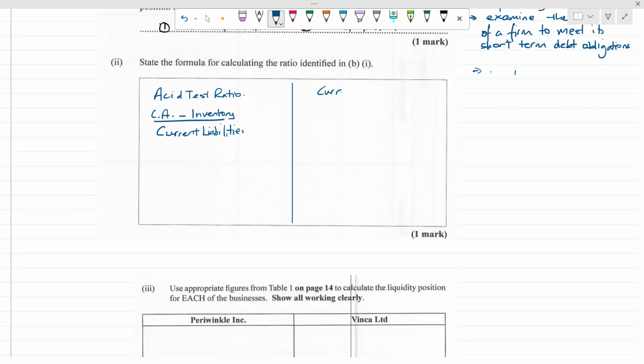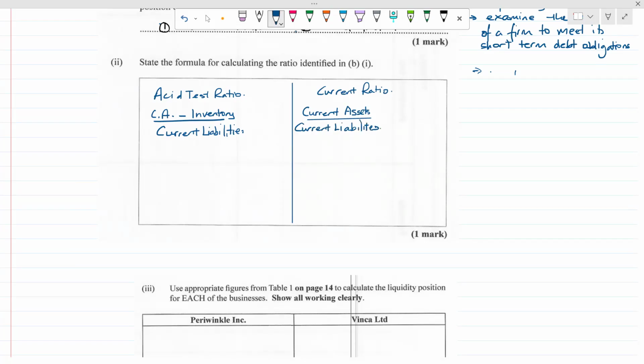Your current ratio takes the full figure for current assets, so it includes the inventory. All of your current assets divided by your current liabilities.